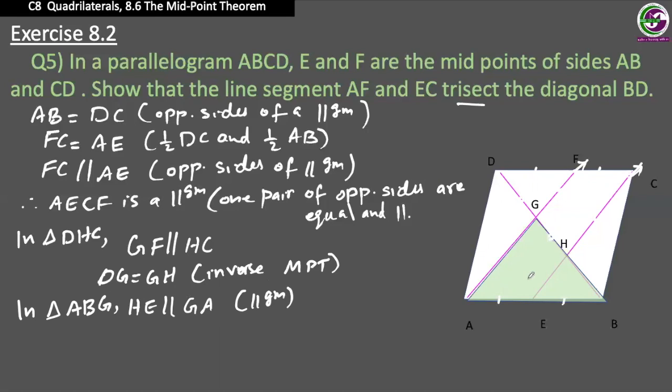So again, by inverse midpoint theorem, we can see that a line passing through the midpoint parallel to the third side bisects the second side. So GH is equal to HB by inverse midpoint theorem.